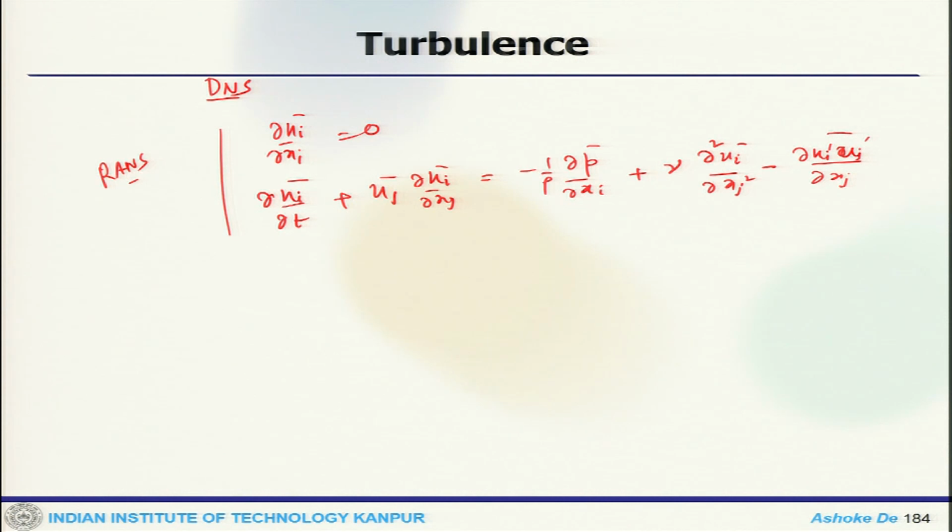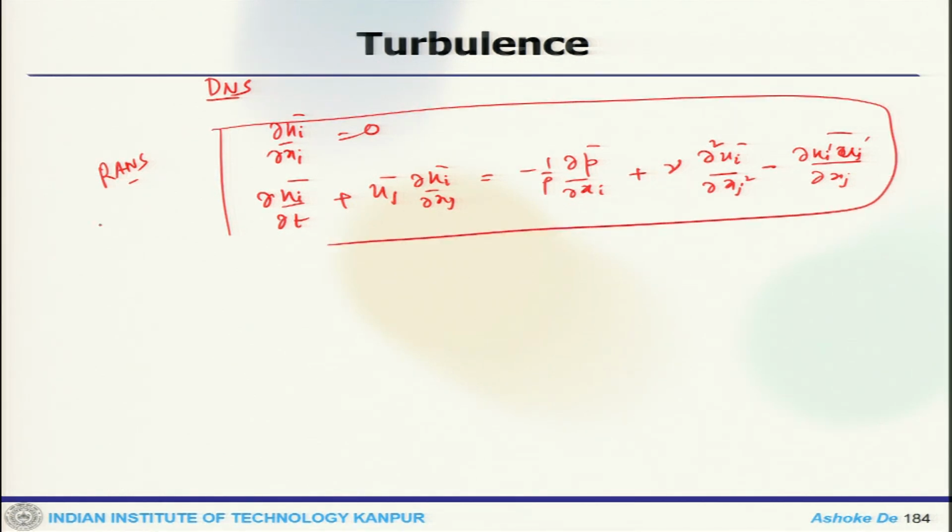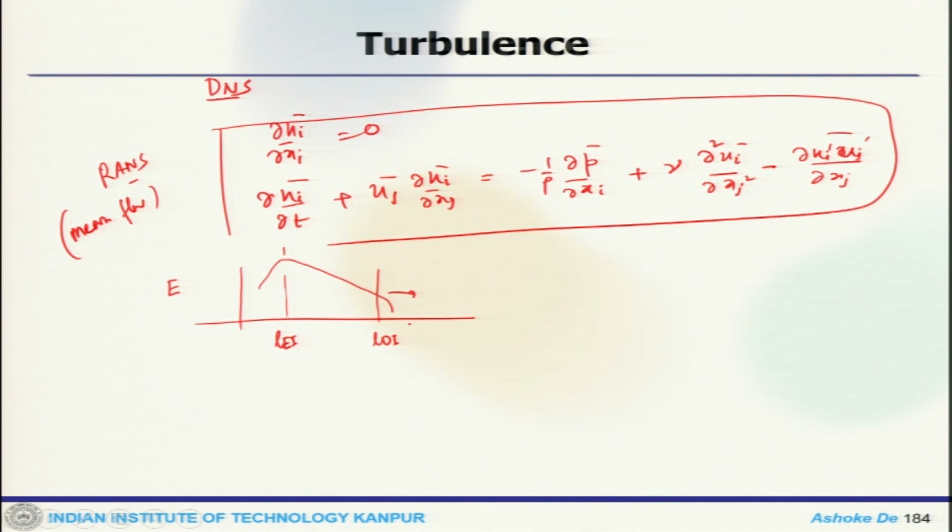Now, in direct numerical simulation, here actually you solve for the mean flow. If you look at the kinetic energy spectrum, there is a huge energy spectrum. This is my energy containing range L_EI, the inertial subrange, and this is the dissipation range L_DI. RANS models the complete spectrum, that means it solves only the mean flow. Now, in actual turbulence you have large scale structures, then energy transfer at the intermediate scales, then the small scales.